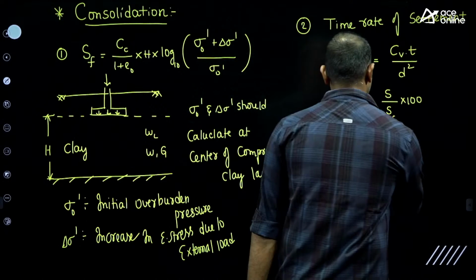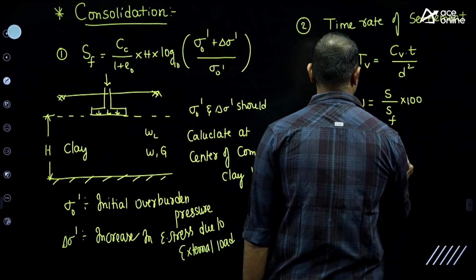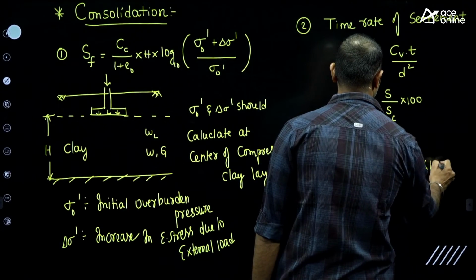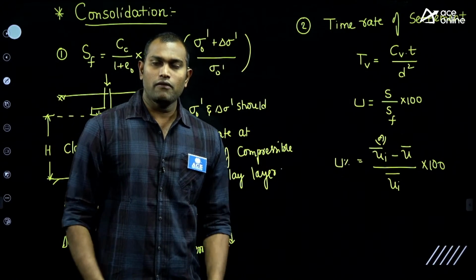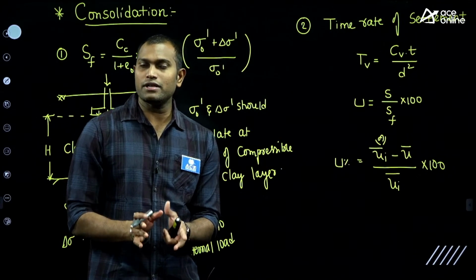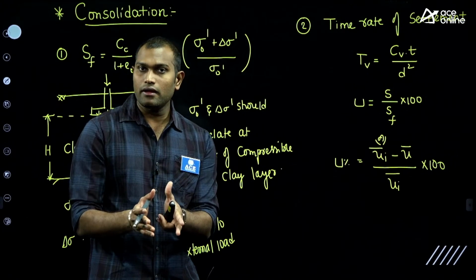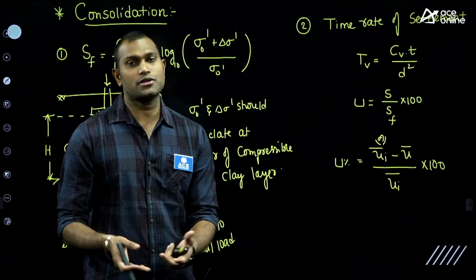Again, this ultimate or maximum settlement will be utilized over there. Or there is one more formula for the degree of consolidation with respect to excess pore water pressure: (ui bar minus u bar) by ui bar into 100. ui bar means initial excess pore water pressure. When you apply an external load on a fully saturated soil mass, immediately the entire pressure that you applied will be taken by water and develops as excess pore water pressure.